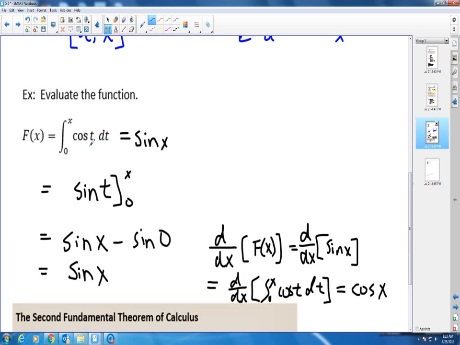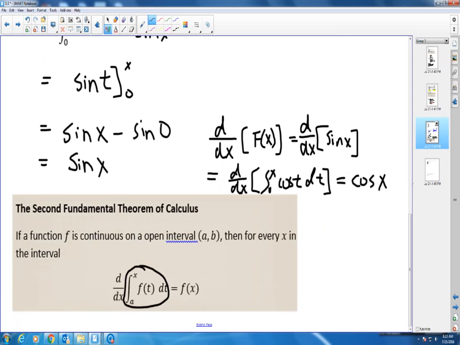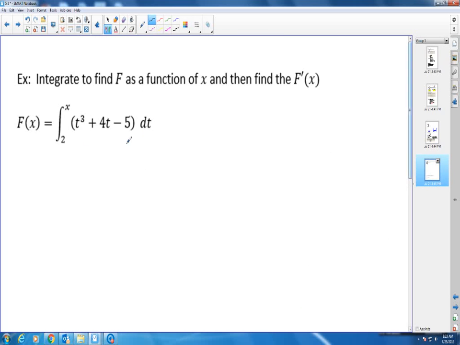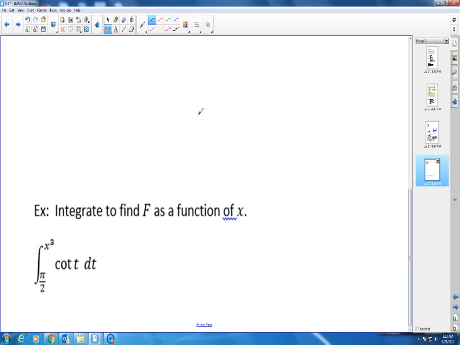So this answer, sine of x, is referring to the antiderivative. If I take a derivative of the antiderivative, that should bring me back to cosine of x. All right, let me show you. I'm going to skip over this problem and come down here, do this one.